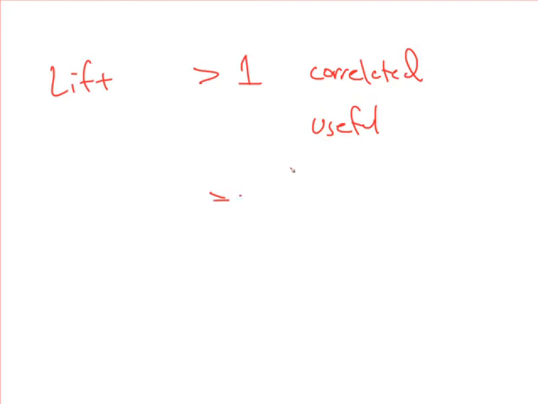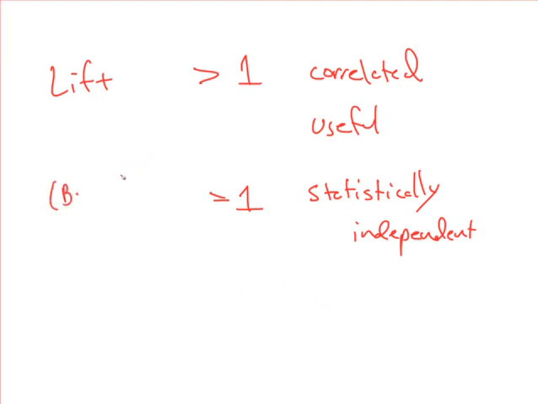When it's equal to 1, then that means what we're looking at is statistically independent. And so if we have a rule, if x then y, and we know that the way x changes has no impact on the value of y, then we would think, oh, okay, so this is a bad rule.